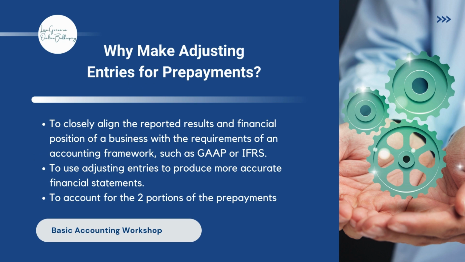So that is how prepayment works. Why make adjusting entries for prepayments? The first two reasons are for general adjusting entries: to closely align the reported results and financial position of a business with the requirements of an accounting framework such as GAAP or IFRS, and to produce more accurate financial statements.